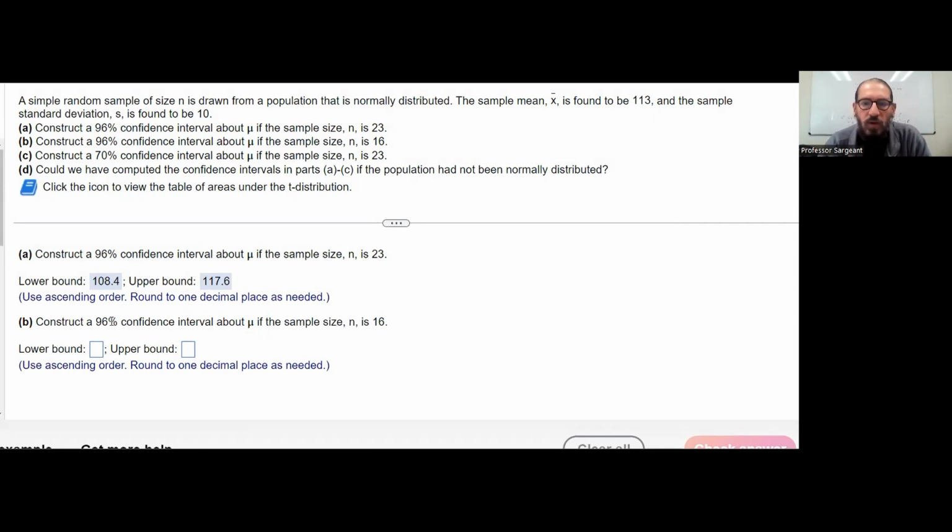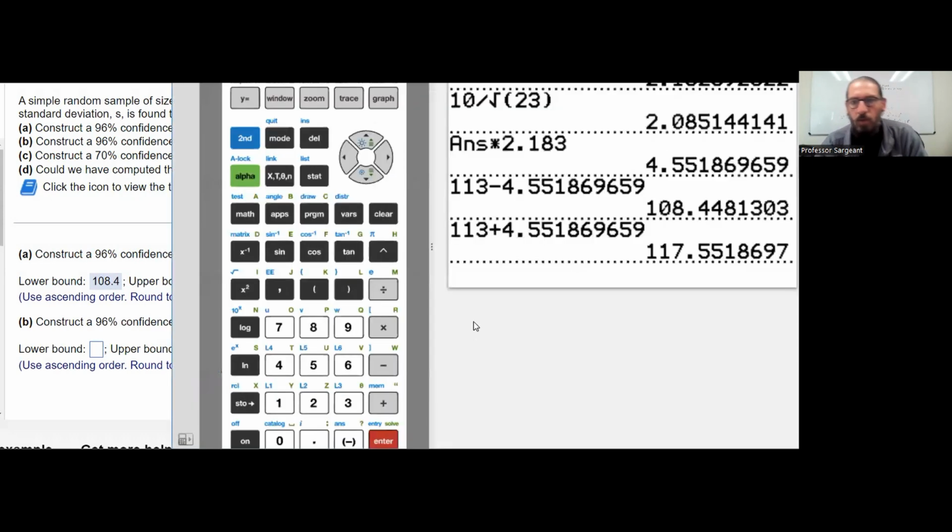Now we're still working with 96% here, but replacing it with a lower sample size of 16. I want you to know that we could have done all of that calculation at once for the lower bound. I was just breaking it down by the order of operations previously.